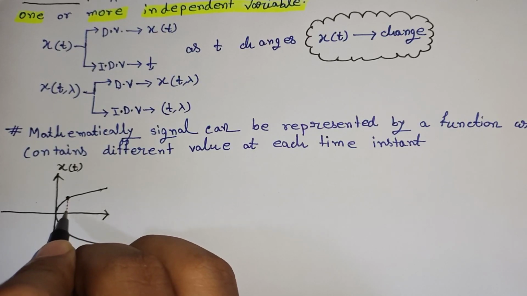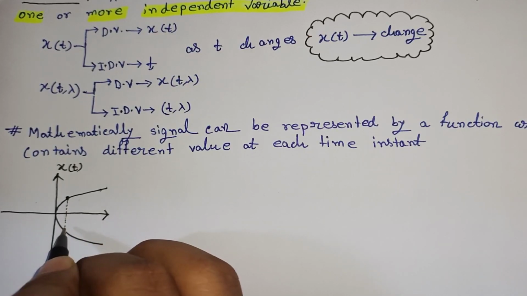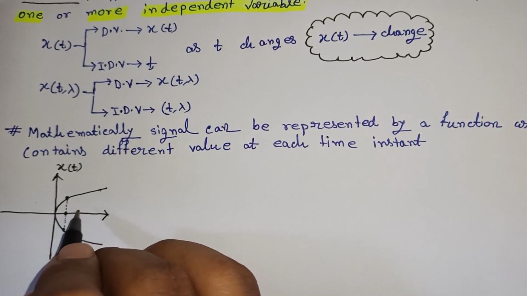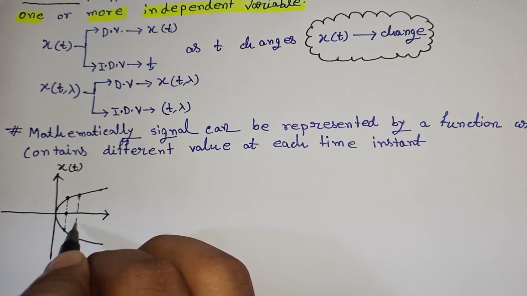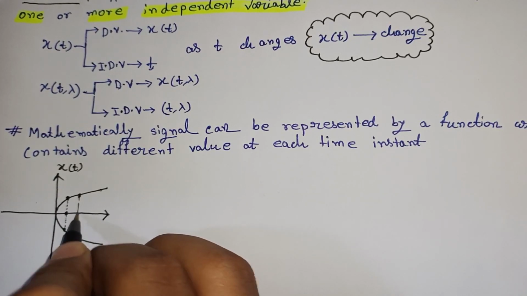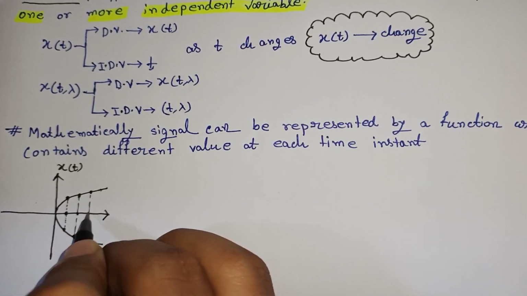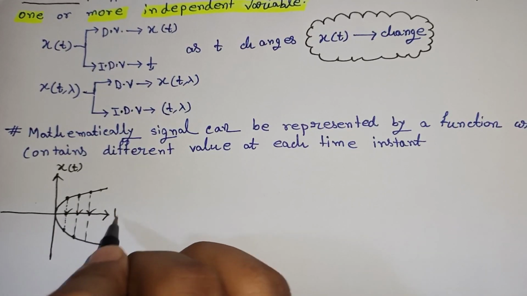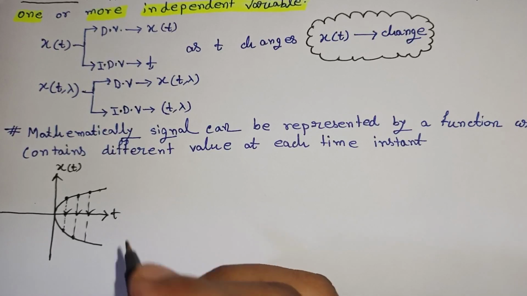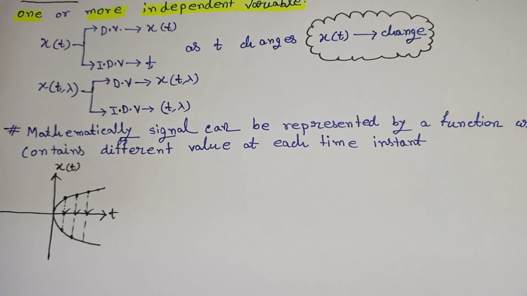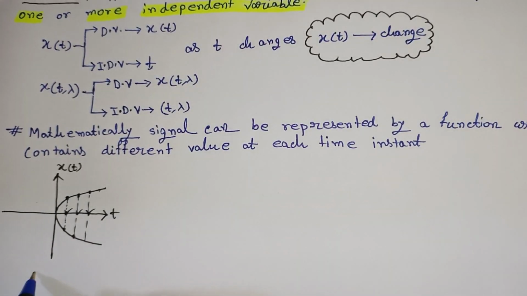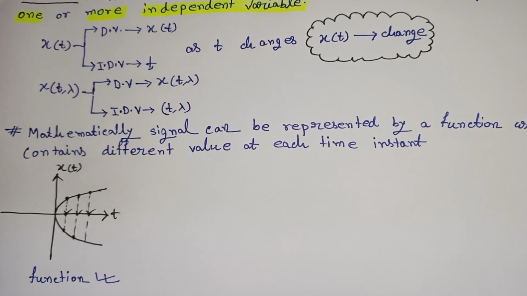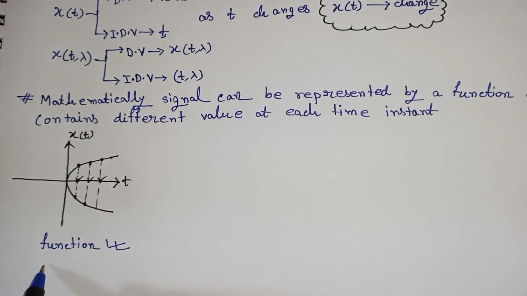Here for a particular time instant it has two values. This time instant, this and so on. So is it a function? Yes, it's a function, but it is not a signal.